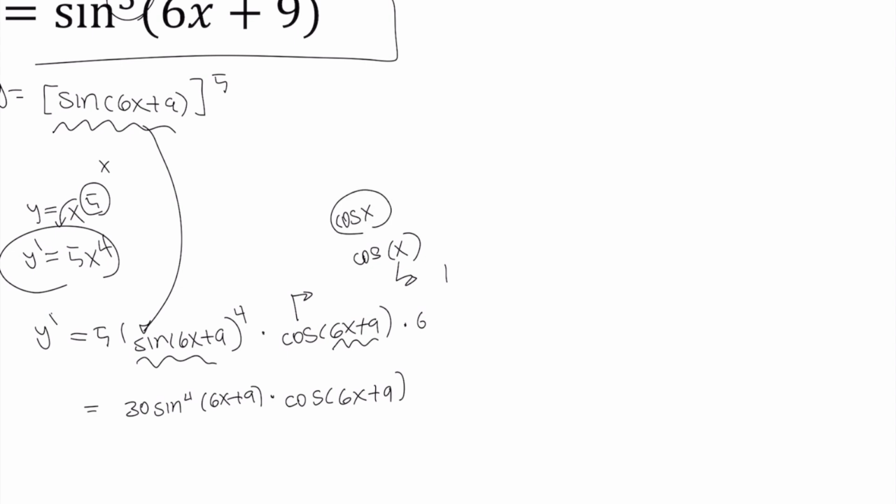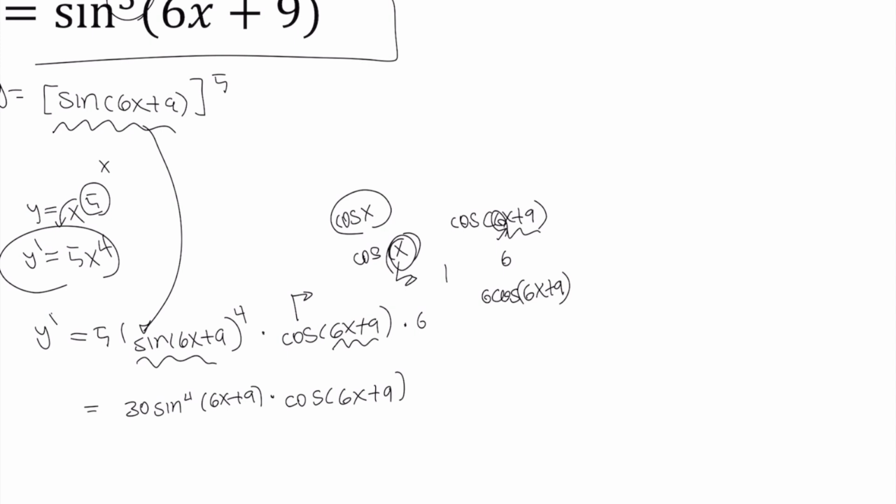But when the inside is 6x plus 9, the derivative is 6, so it's no longer the same. Originally the derivative didn't matter because it was 1, but it's no longer 1 in cosine 6x plus 9, so that's why we take the derivative.